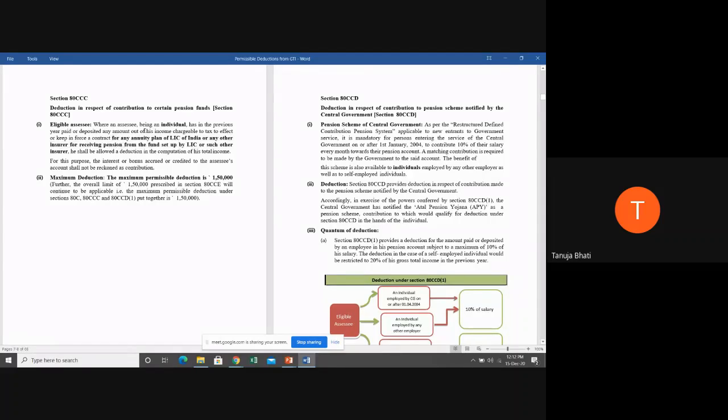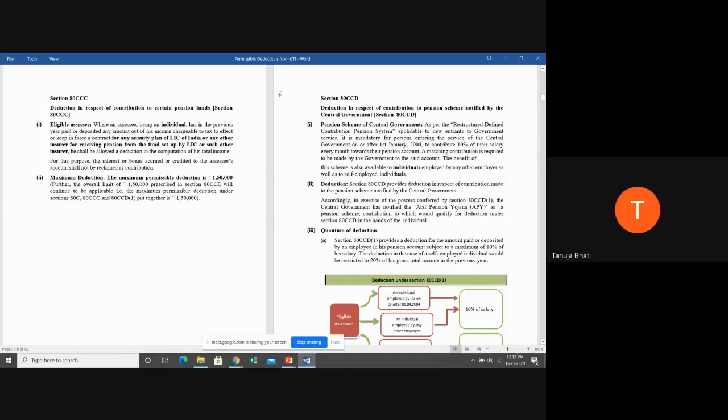So whatever amount he is contributing, it will be allowed as a deduction under section 80CCC. Is that clear, students? So when I say deduction in respect of contribution to certain pension funds, here certain means pension fund that is set up by the LIC of India or pension fund taken by the LIC of India. Is this clear, everyone? Section 80CCC?